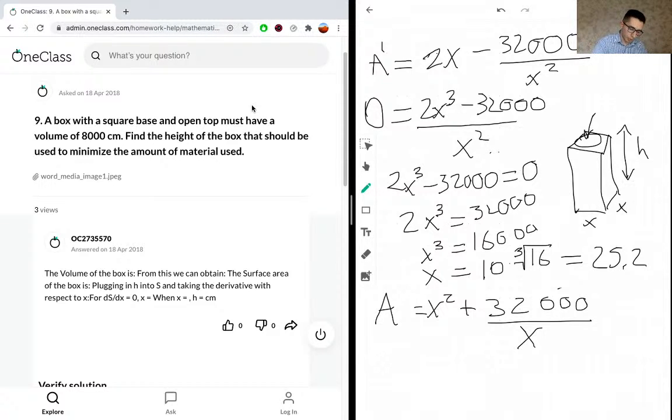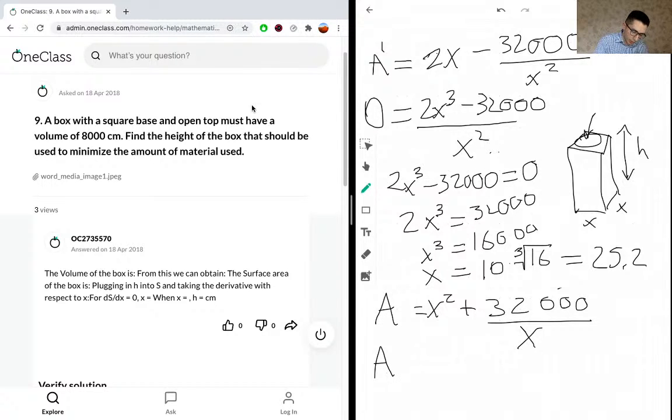To double check that this is the minimum, we can take the second derivative of the equation and see whether it is a positive or negative value.